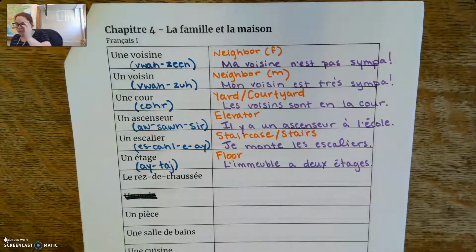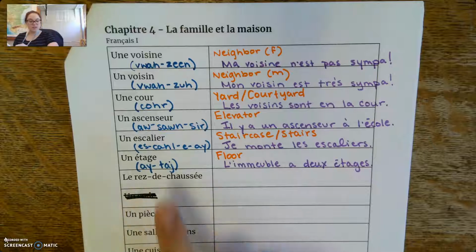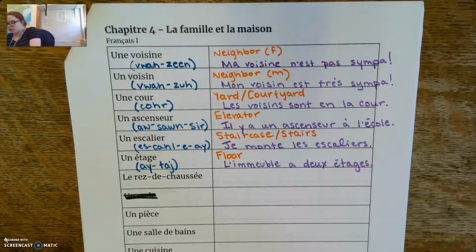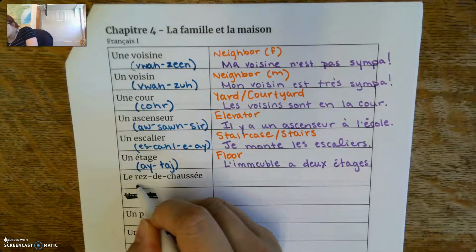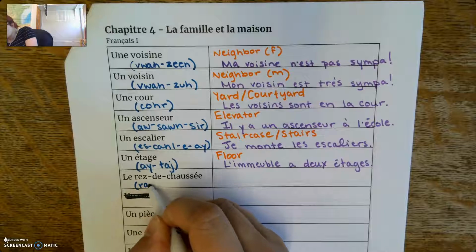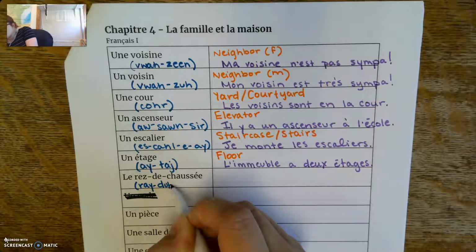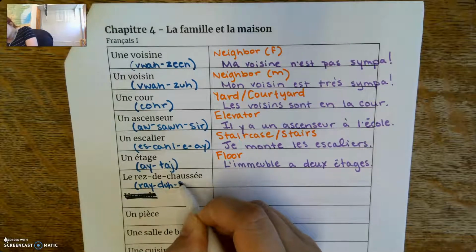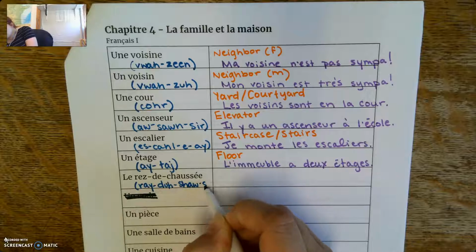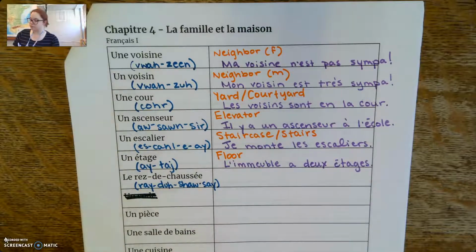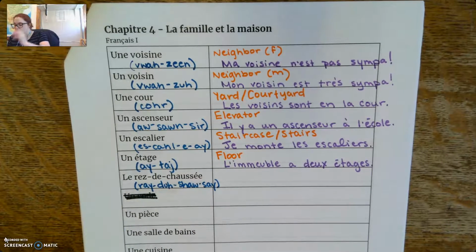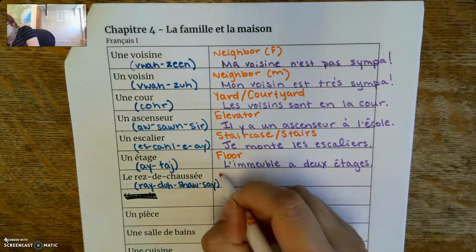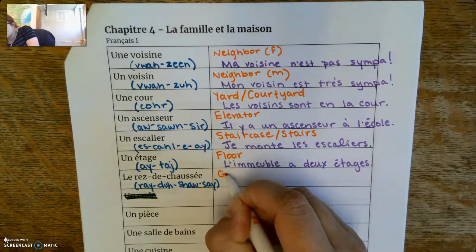So when we're talking about les étages of a building in France, what we would call the first floor is this next thing. It's the rez-de-chaussée. C'est le rez-de-chaussée. Le rez-de-chaussée. So le rez-de-chaussée, that's the first floor of a building, or the ground floor.